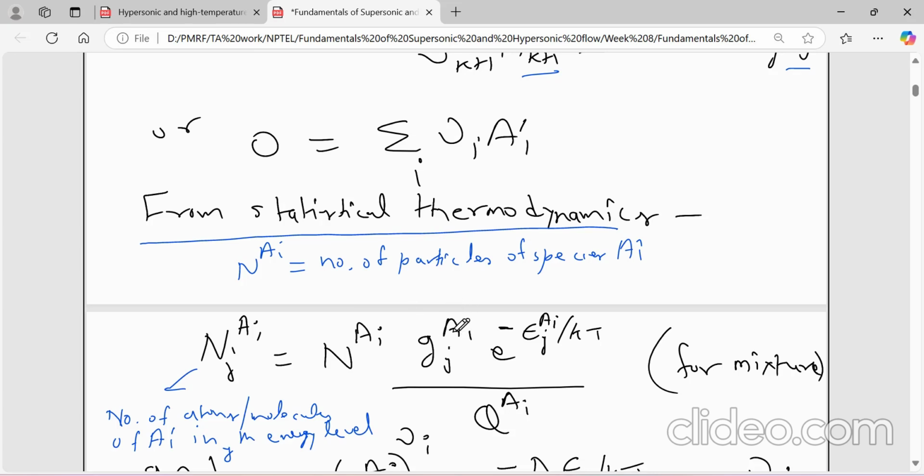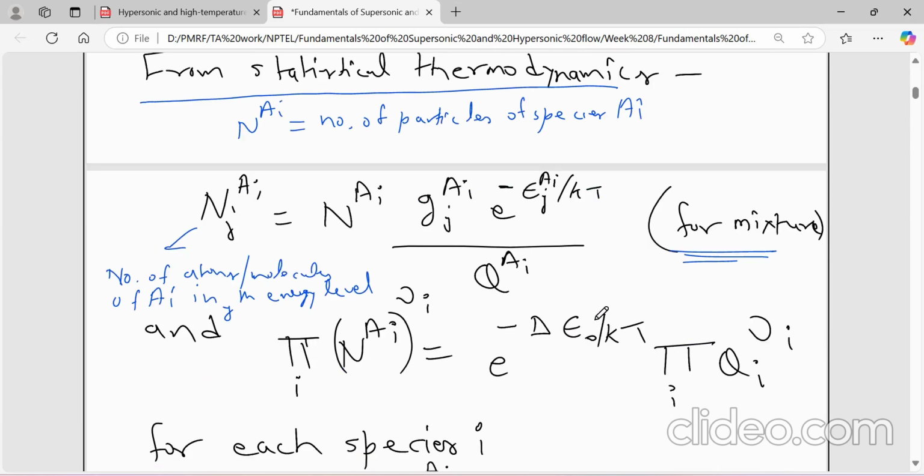Similarly, gj of Ai is the degeneracy of Ai in energy level j, and QAi is the partition function for species Ai. Derivation of this equation, Nj of Ai equal to NAi gj of Ai e to the power minus epsilon j of Ai upon kT upon QAi, is similar to that for the single species gas, and this equation is for a mixture.